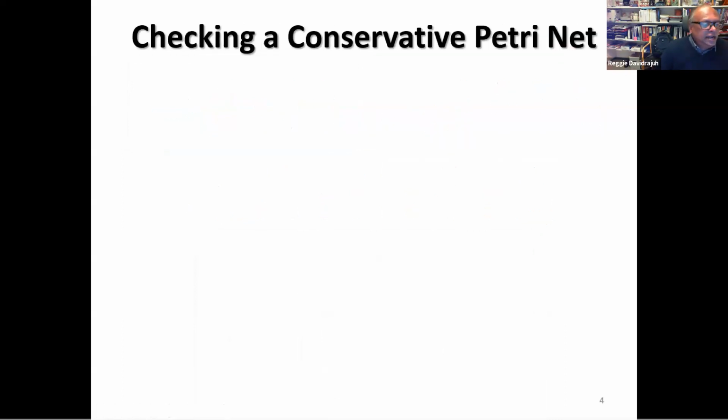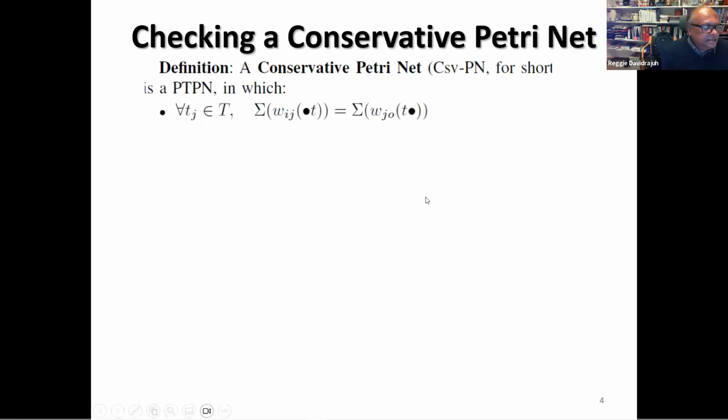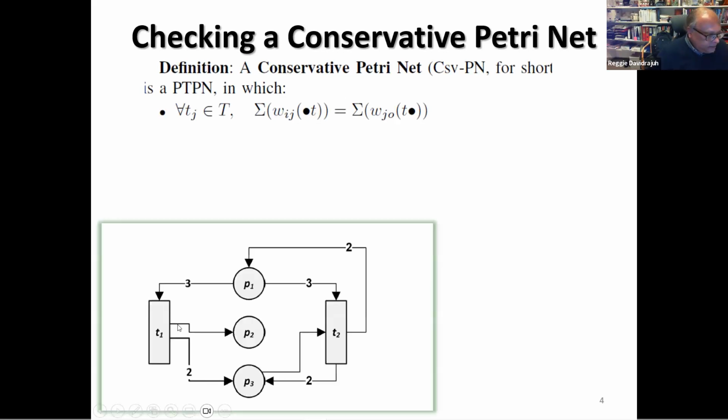Okay. So let's check very simple types of Petri nets. Let's start with the conservative Petri net. What is a conservative Petri net? A conservative Petri net is one where, if you take a transition, its input arc weights are equal to its output arc weights. For example, here we have a conservative Petri net.